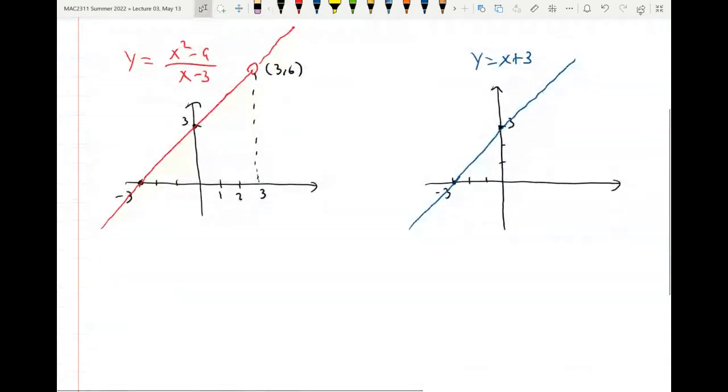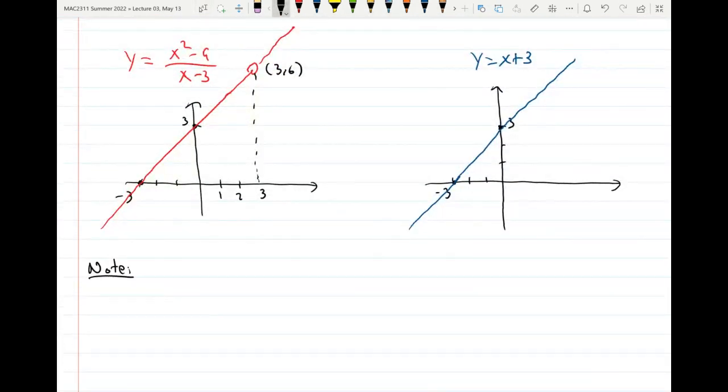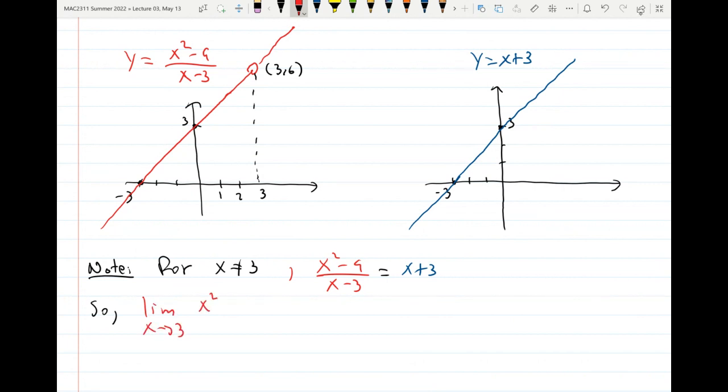So note, for x different than 3, we have that x squared minus 9 over x minus 3 is actually the same as the function x plus 3. So in this case, the limit as x approaches 3 of the red function matches the limit of the blue function, and therefore is equal to 6.